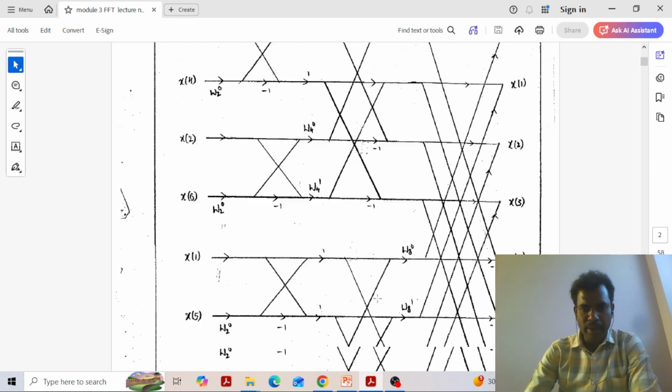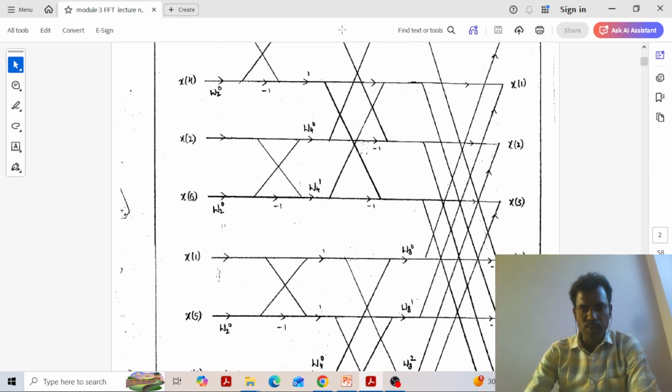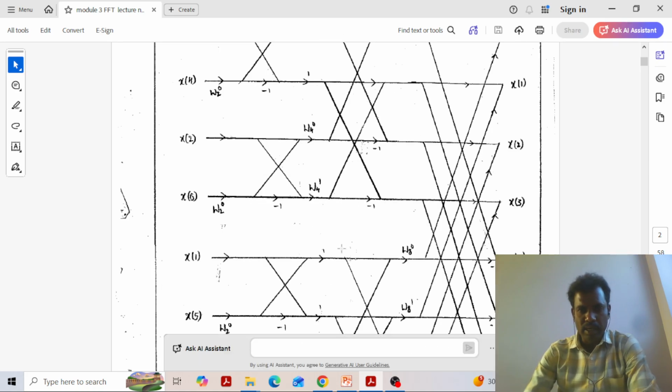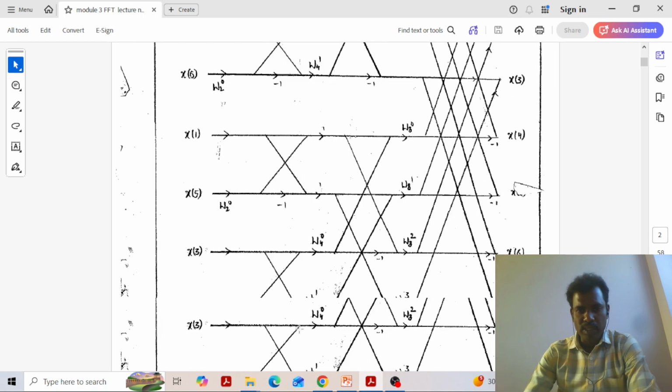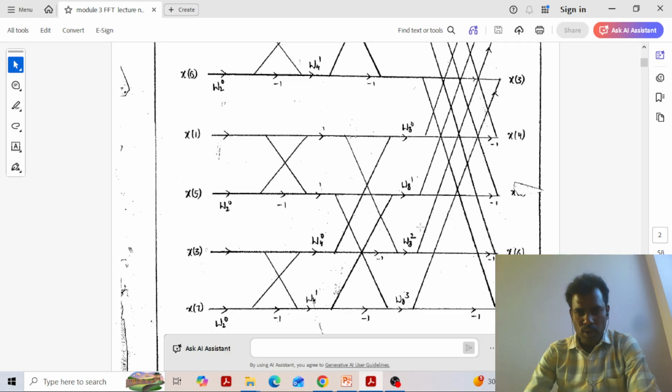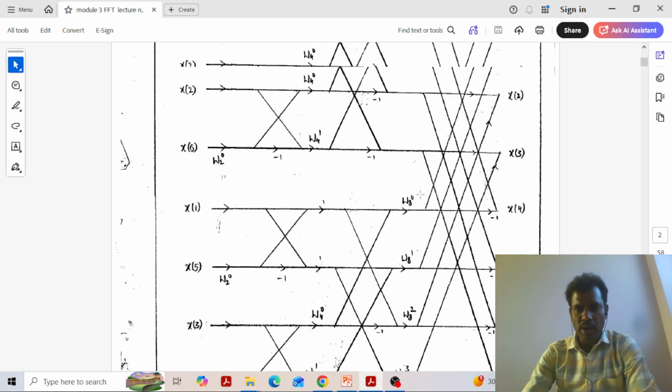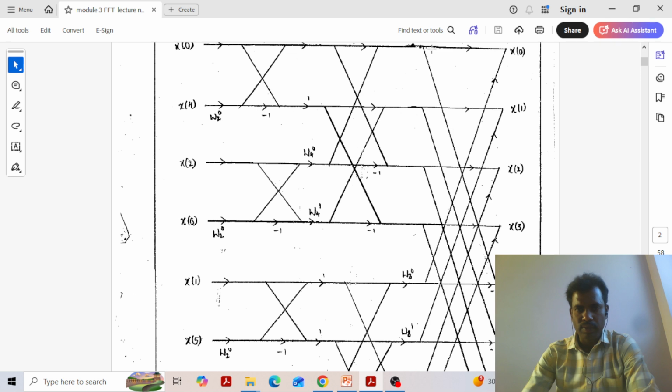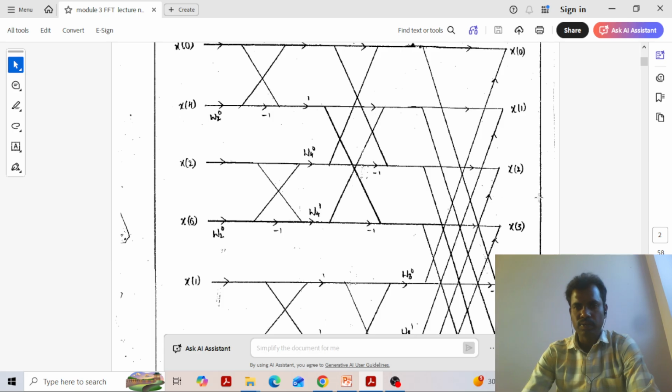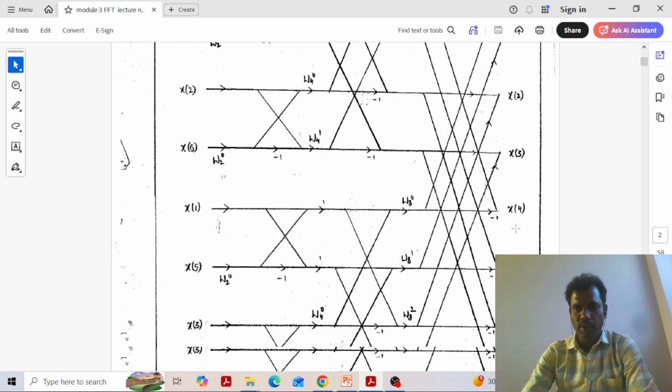If you go for 8-point, one 4-point output is one group and another 4-point output is another group. The lower 4-point output group is multiplied with twiddle factors and the corresponding lines are added. The first line in the upper group and first line in the second group are added, and similarly the second, third and fourth lines, to find half of the values.